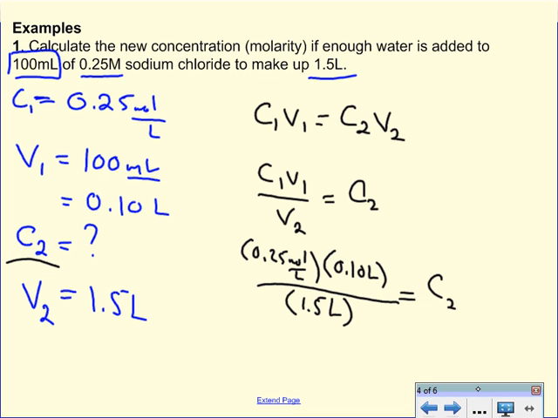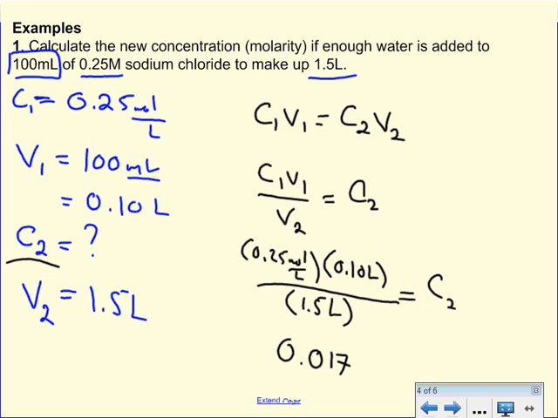So I'm going to plug it into my trusty calculator. I get 0.25 times 0.1 divided by 1.5. And that's going to give me a brand new concentration of 0.017.